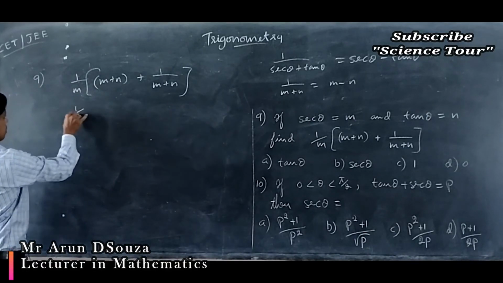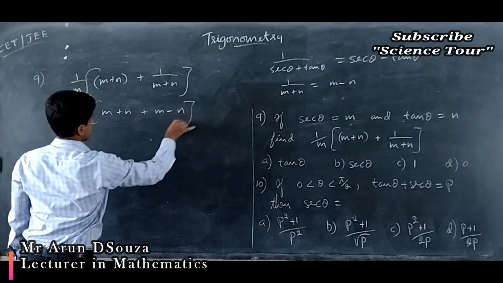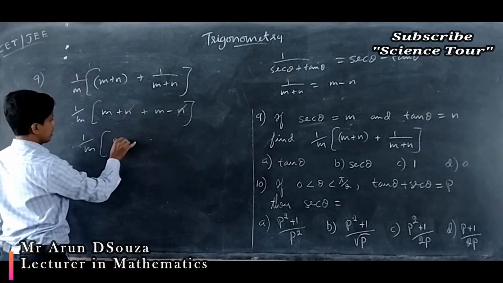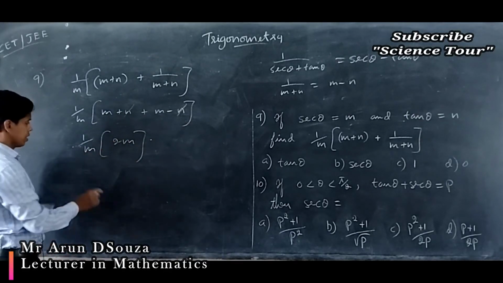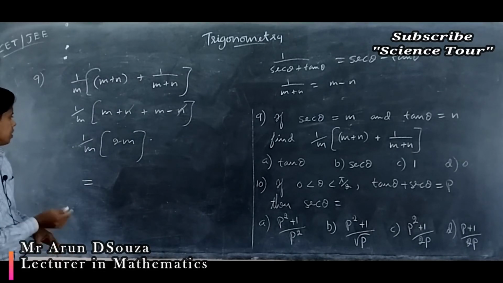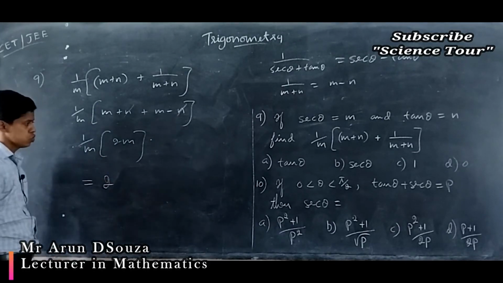Well, so let me do that, and what cancels is n. So if n cancels, you are getting 2m here, m plus m, and you can cancel m there, okay. So you can cancel m, which means you are getting only 2.